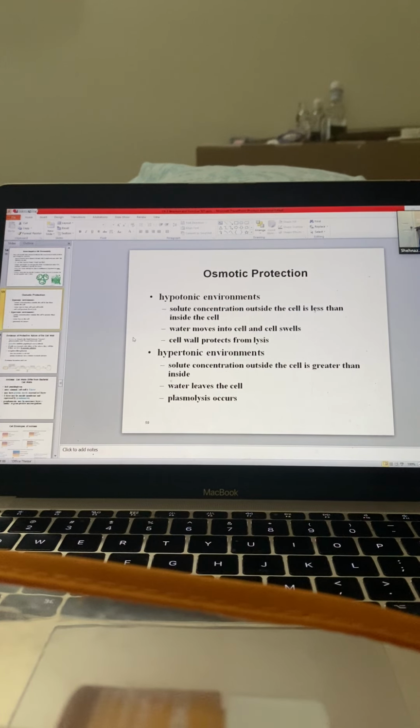So the cell stops growing or dividing. So in a hypertonic environment, where you lose water from the cell cytoplasm and your membrane comes with the cytoplasm shrinkage, the cell wall still remains rigid, and you can see the shape of the cell remains the same, but your metabolic processes have stopped.